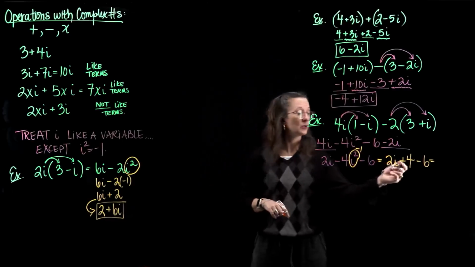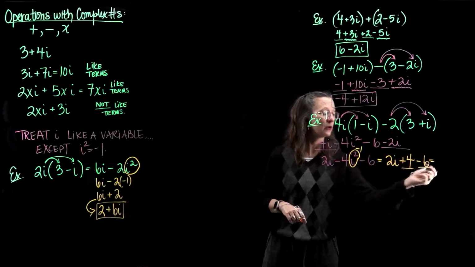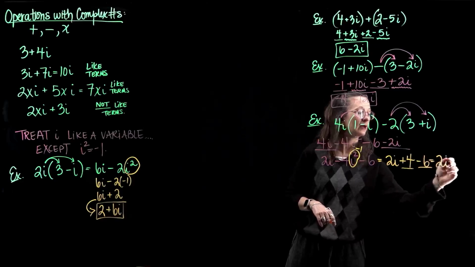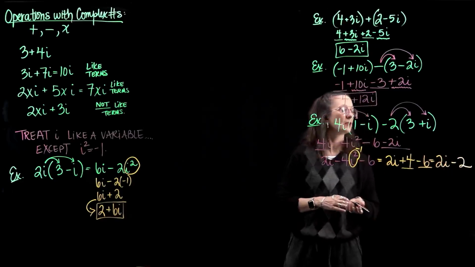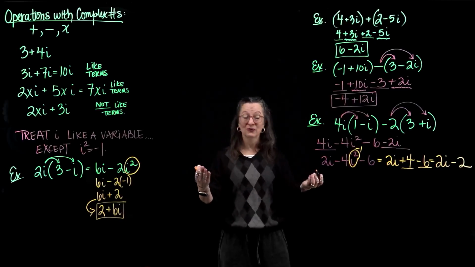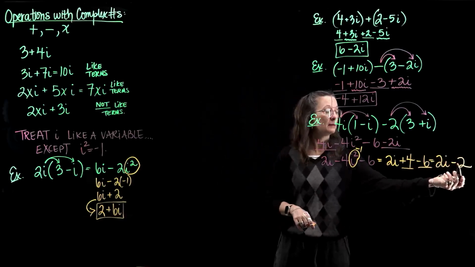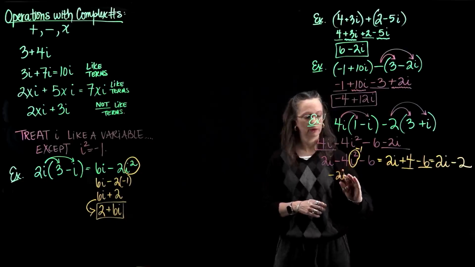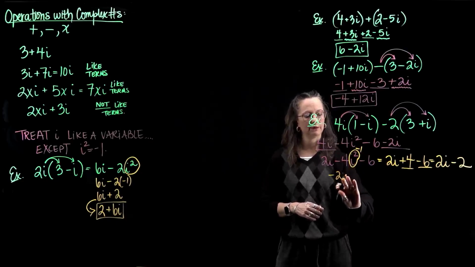And then I have like terms I can combine. Plus 4 and minus 6 is going to give me 2i minus 2. Now, that's not in standard form, so let's rewrite it. Notice that the minus goes with the 2, so this would be a minus 2. Oops, not an i. That's not what I wanted.